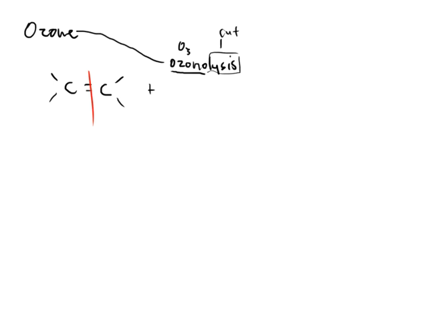So what we end up doing with ozonolysis, or with the incorporation of ozone to a double bond, is that we have this carbon that was involved in a double bond, but now it's not really attached to anything. And over on the right hand side we have that carbon with the feet, and that also was involved in the double bond, and that really isn't attached to anything right now.